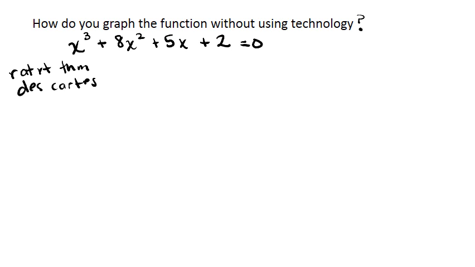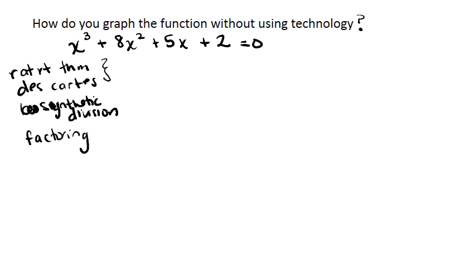You would do your synthetic division if you need to. Find one that works. Okay, then you could do your factoring. Okay, and remember, these are optional. If you just want to plug numbers in and find one that works, that's fine. Plug numbers in, divide it out, that's fine.